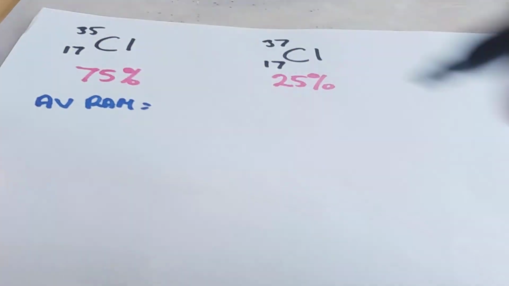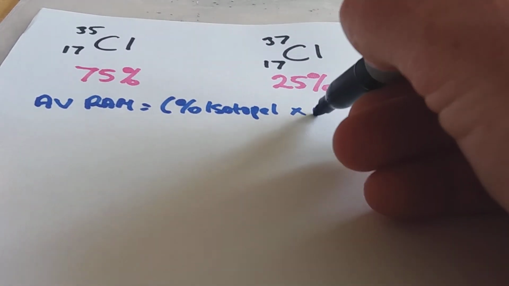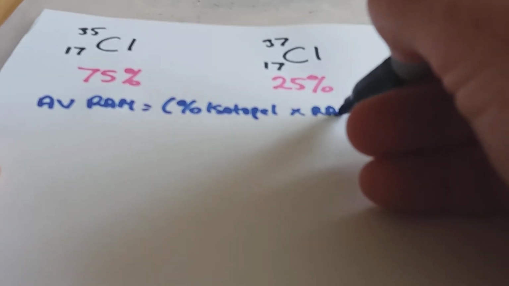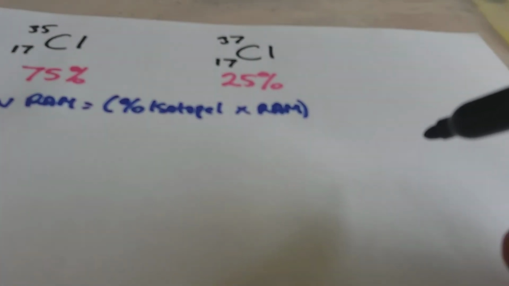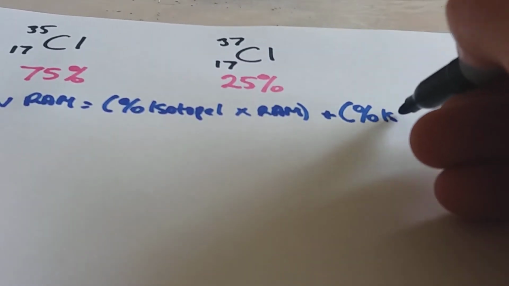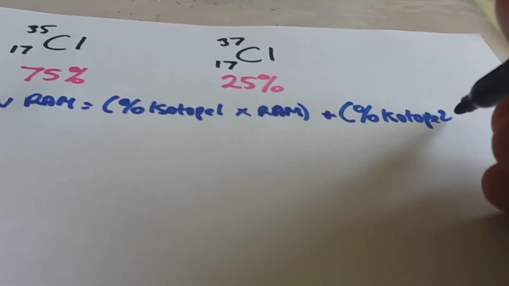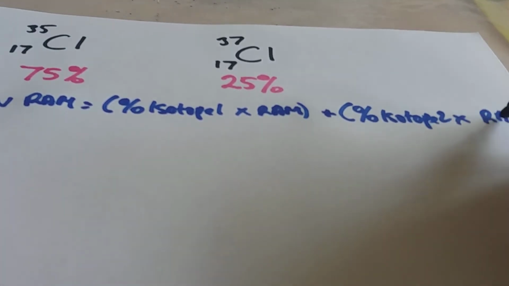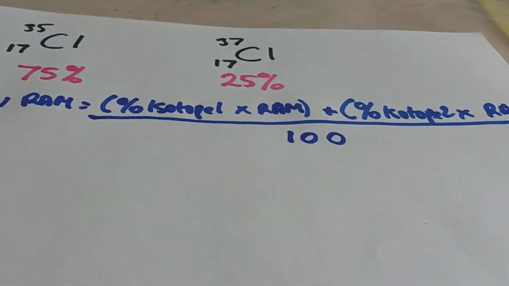And how we work this out, so average RAM equals percentage isotope 1 times its RAM. And we do the same then for isotope 2, percentage isotope 2 times its RAM. And because we're dealing with a percentage, we want the average, we divide by 100.